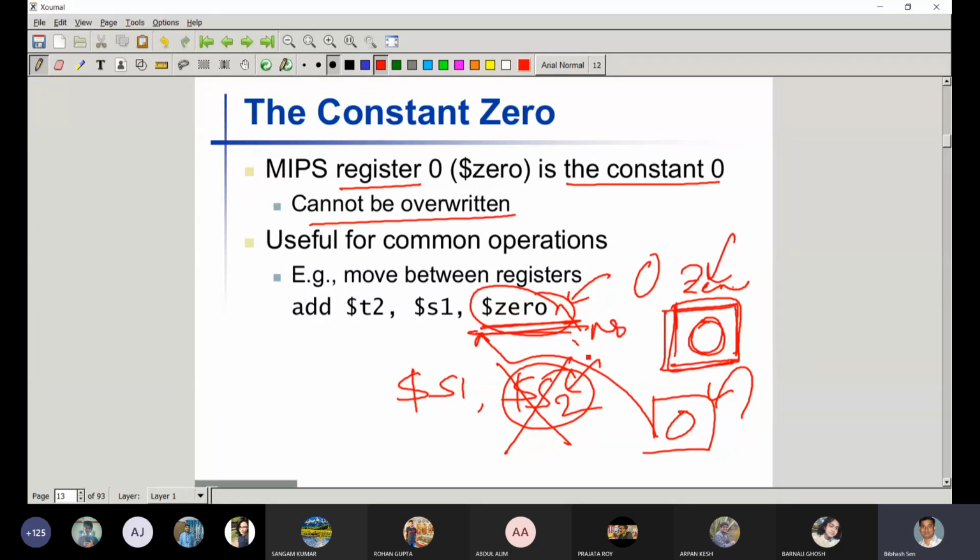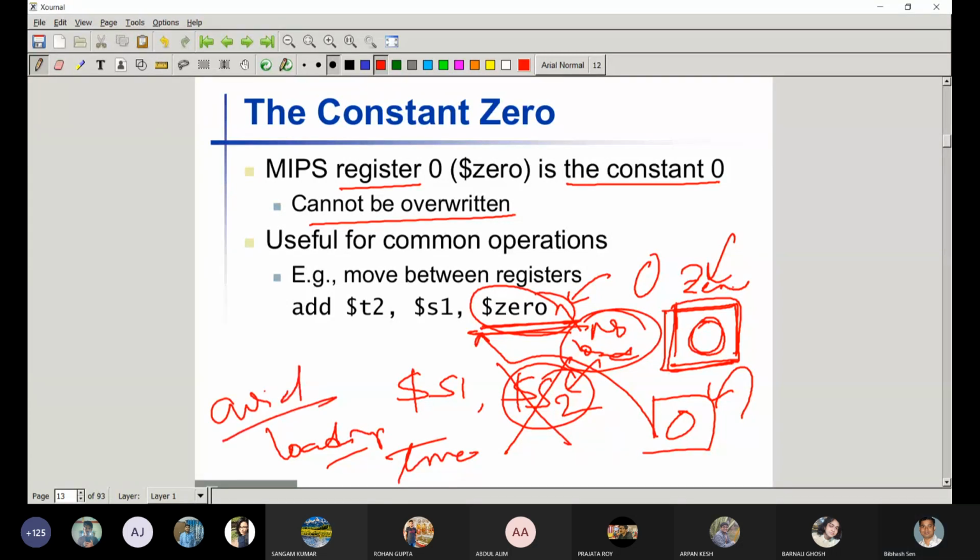So no load happens here. For some common cases, I can decrease the loading time. Are you getting my point or not? Yes, sir. I can avoid the loading time. Is it clear? So that's why this type of constant cannot be overwritten. It is used specifically to avoid the loading time.